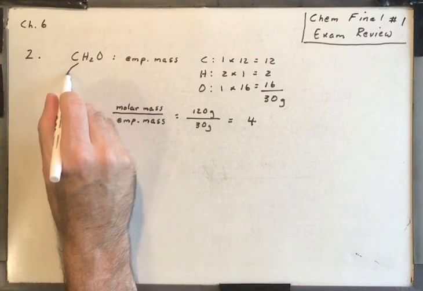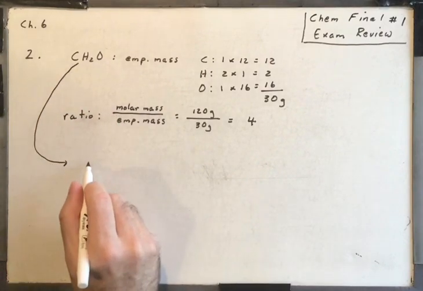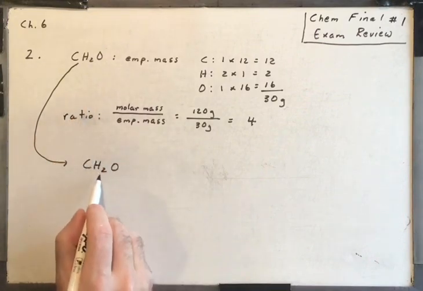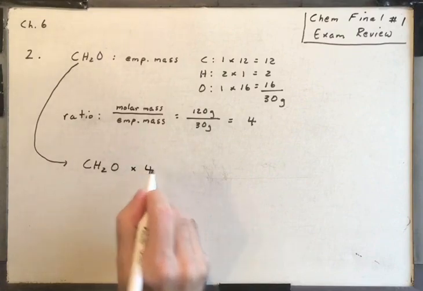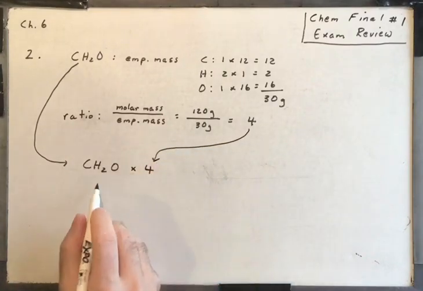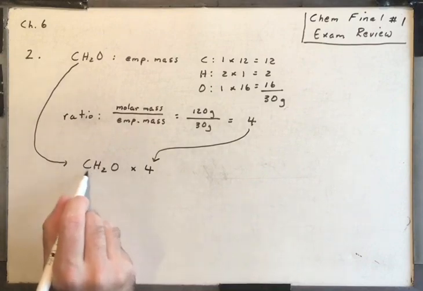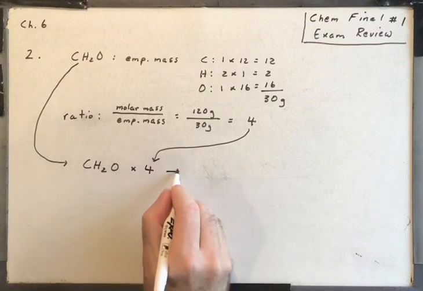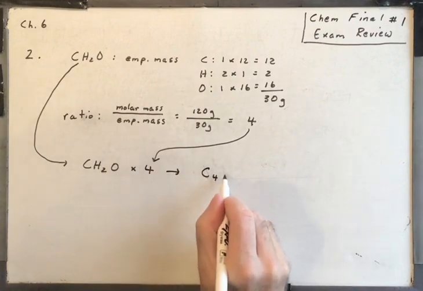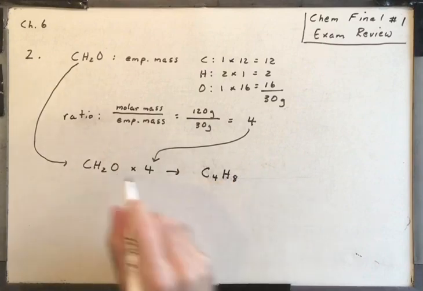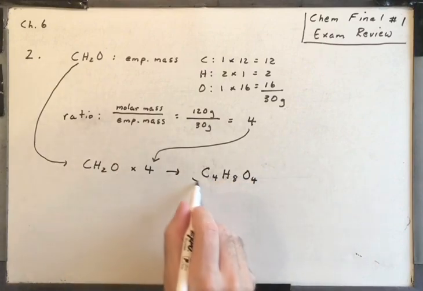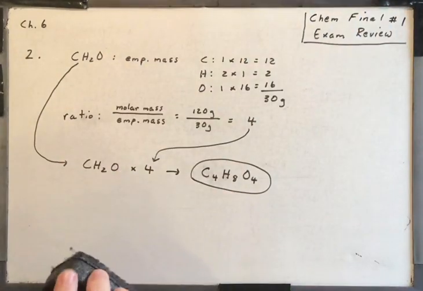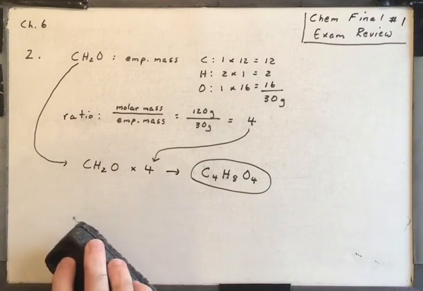And to get the molecular formula, then you would take the original empirical formula, and you multiply each subscript, right? Don't put a 4 out front like a coefficient. Each subscript you multiply by 4. So that's going to be C4H8O4. All right, so that's how you do that. Hopefully that rings a bell.